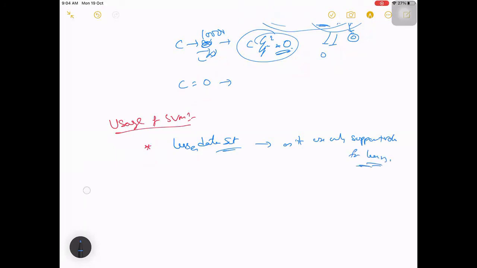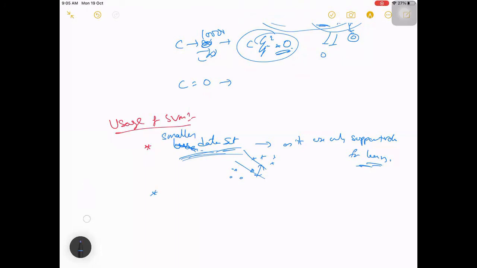Let's say you have only these four points. Still this is sufficient to draw margins and maximize the margin. So we can use SVM for smaller data sets. This is a main important point.